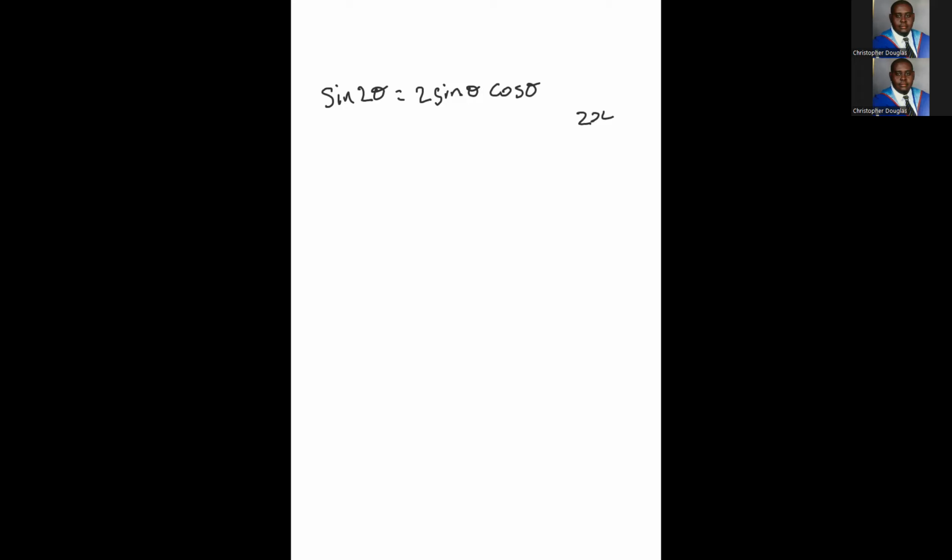So even if I forget this, I can work out what the ratio is, what the identity is, sorry. So if I have sine 2 theta, sine 2 theta is really sine of theta plus theta. And I apply the sum formula.